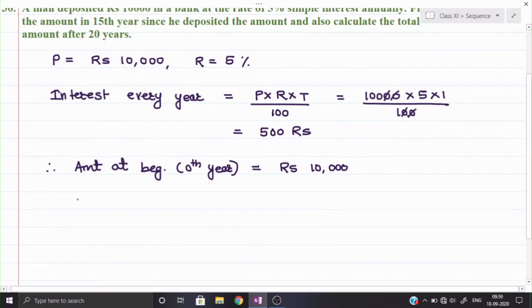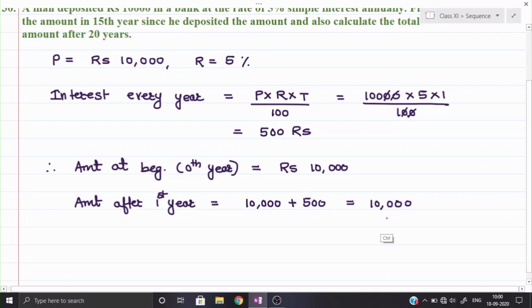So now amount after first year gets over, we can say 10,000 plus 500, that will be 10,500 rupees.